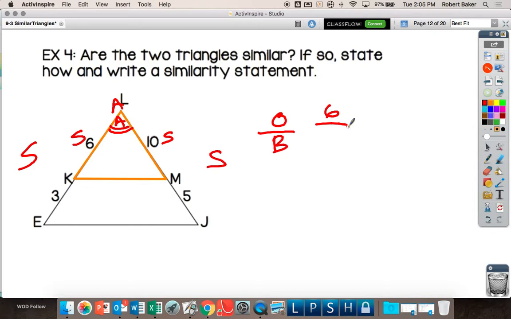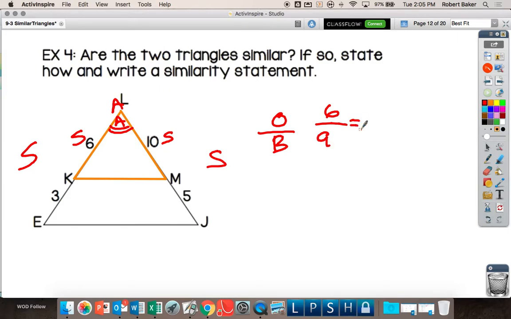This whole piece. 9, because 3 plus 6 equals 9. No, you're good. So I don't want you guys saying 6 over 3. We don't want to do that. It's this length over the whole length. We have to add those two numbers together. So 6 over 9 is the left side.